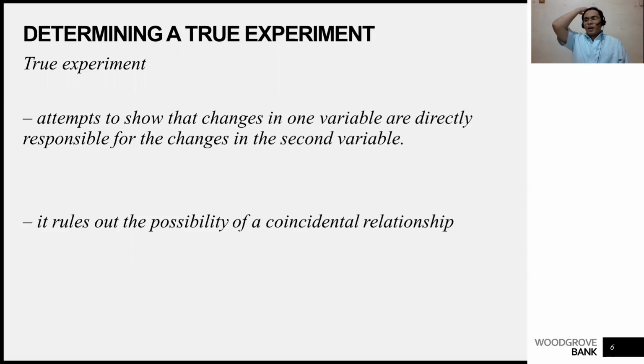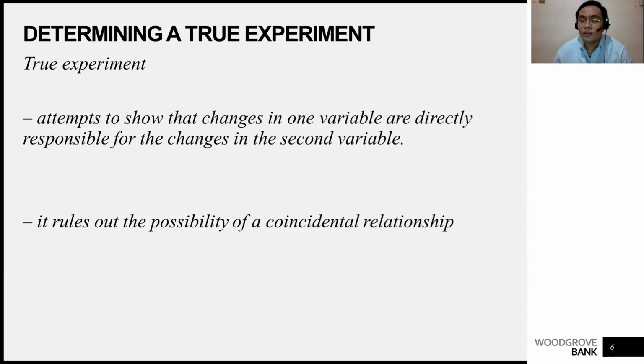But there are times that the researchers themselves must determine if they are going to use this kind of strategy. So, in order to determine if your experiment is a true experiment, there are elements needed to be considered.